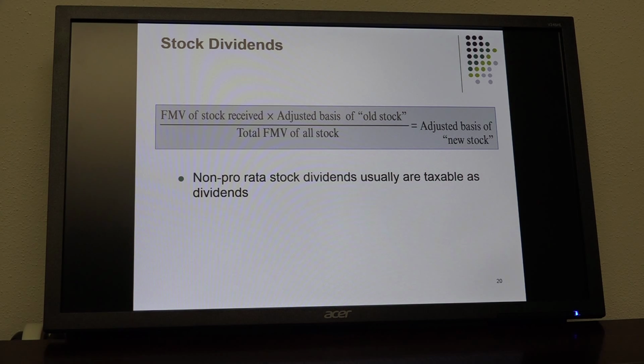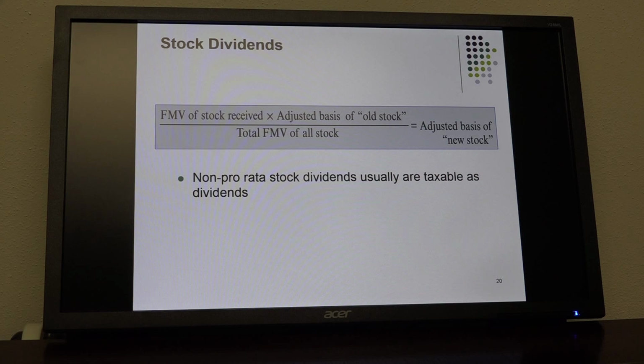Now, how do you figure out what the dividend is? Well, it's the number of shares of stock that you select to take in the dividend, or that they offer in the dividend, times the fair market value of each share of stock that you get.